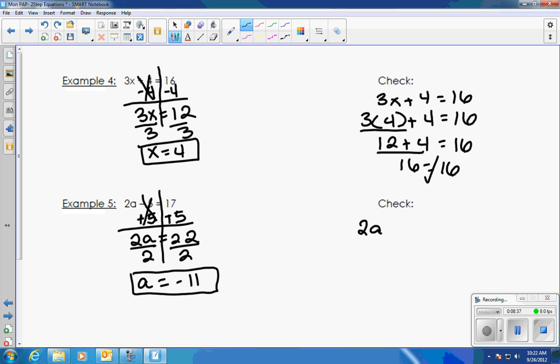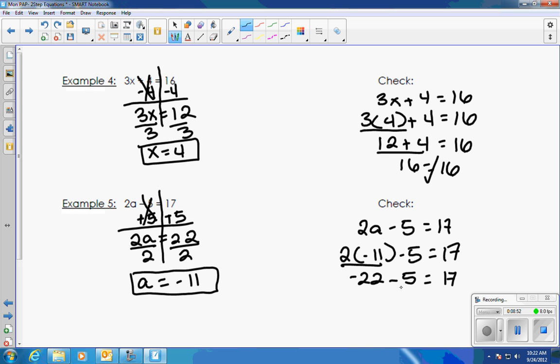Let's plug it back in to double check. Two times negative 11 is negative 22. Remember to add the opposite. Negative 22 and negative 5. Oops, see? That is why a check is a good idea, because I just made a big mistake.